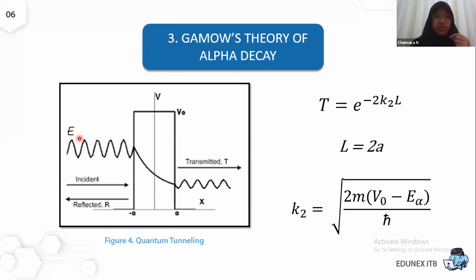Now, from this problem, there is a solution from which we can derive the transmission coefficient, or the transmission probability, of the particle penetrating through the potential barrier, which is T equals e to the power of minus 2k2L, in which L is the width of the potential barrier, and k2 is basically this. So that's quantum tunneling, right?